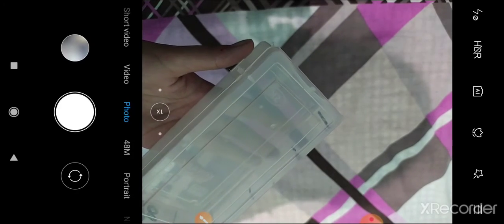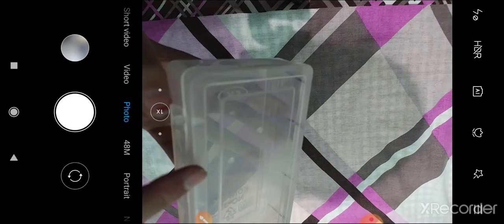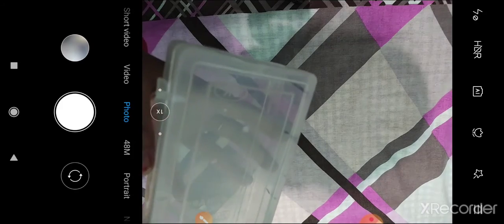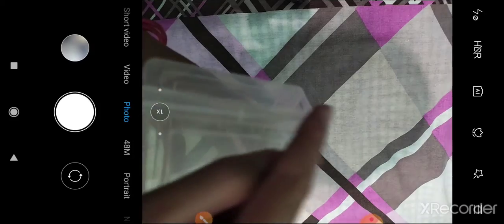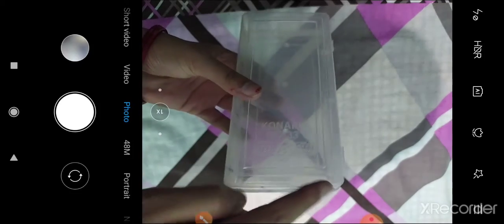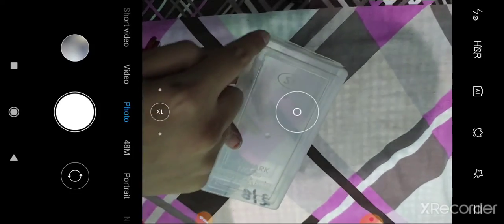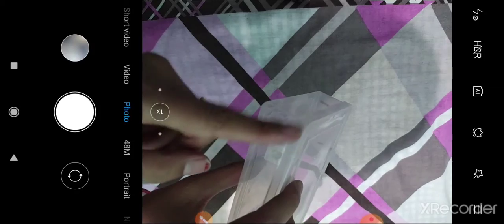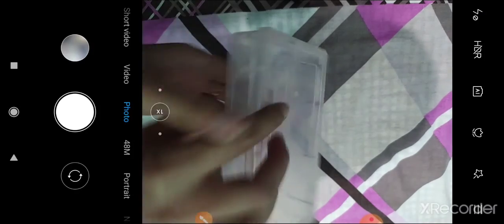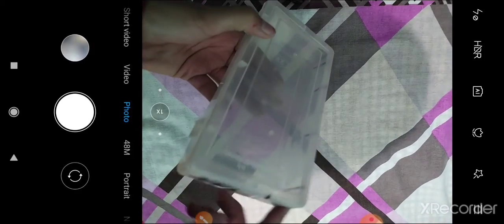So in this way, in this box there are 12 line segments. First, second, third, fourth, fifth, sixth, seventh, eighth, ninth, 10th, 11th and 12th.